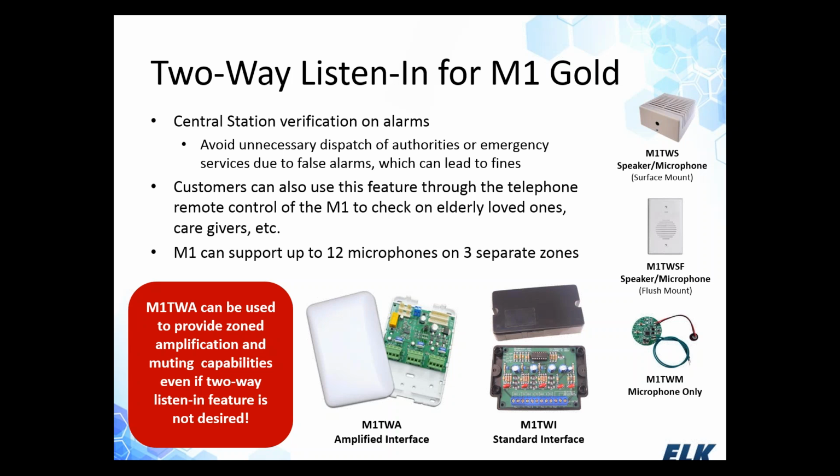So if you have a multi-level or multi-area and you need the speakers in this area to be louder than the speakers in another area, say maybe an office versus light manufacturing, well then you can adjust the volume using the TWA so that the manufacturing area is louder when the M1 is speaking versus the office area. So it's a great feature for the M1 TWA amplified interface.